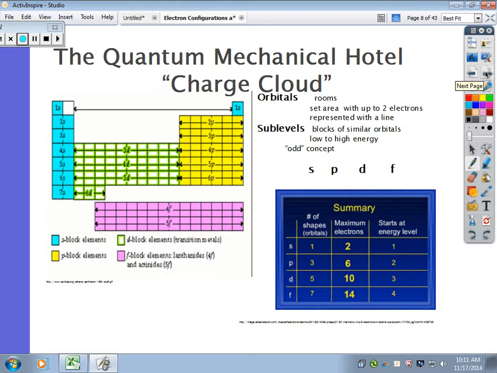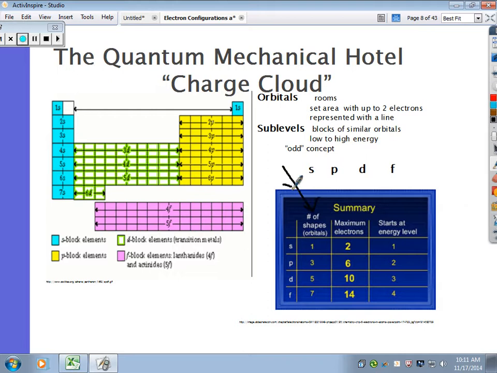And so you can see right here that the number of shapes or orbitals, sorry, this is kind of dark here, that there is 1 S line, 3 P lines, 5 D lines, and 7 F lines. Each of these lines can hold up to 2 electrons. So if you have 1 line, that means you can hold up to 2 electrons. I'll talk about how and why we're doing that later. But if you look right here, this is 2 electrons.